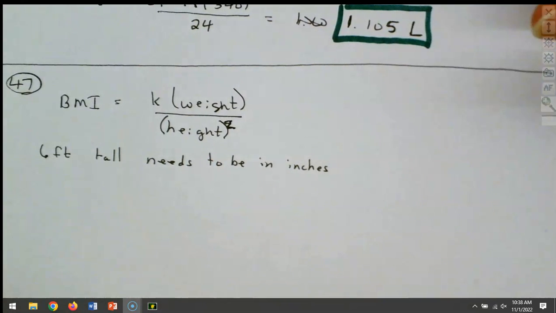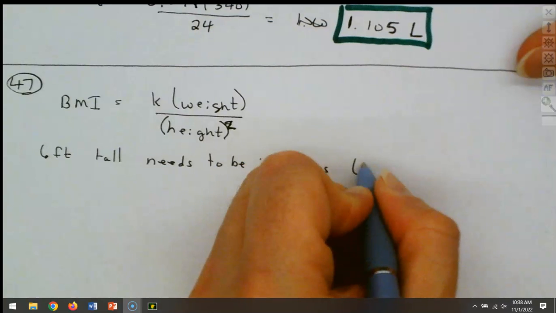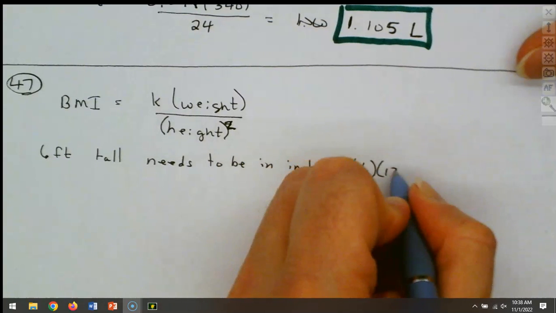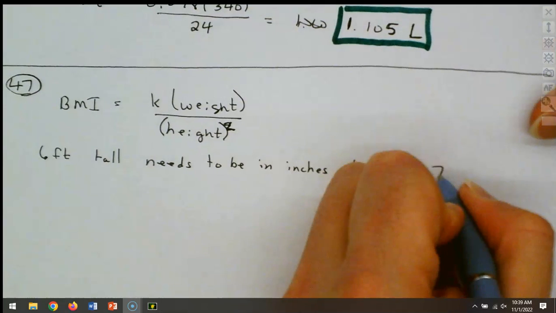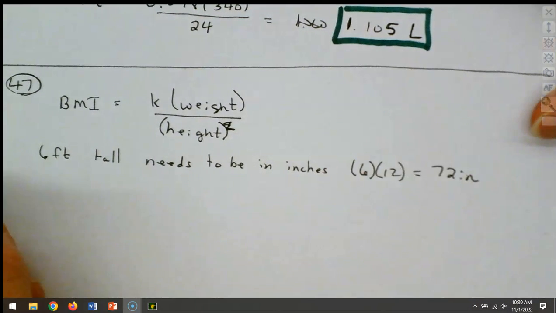If that person is 6 foot tall, in inches that would be 6 times 12, right? 12 inches in a foot. And we'll multiply those together. And that gives us now 72. So that's our height.